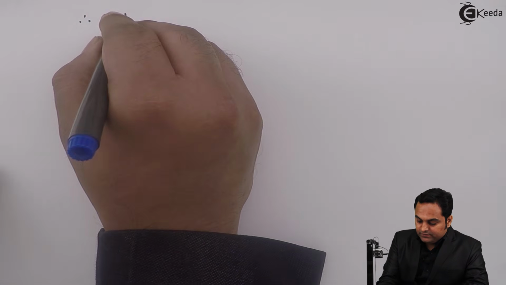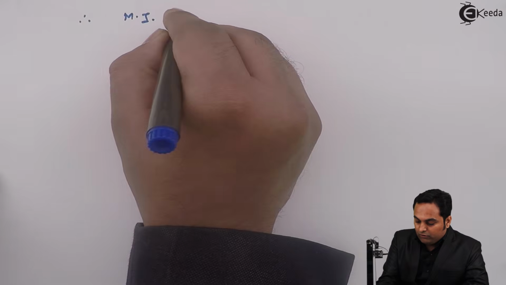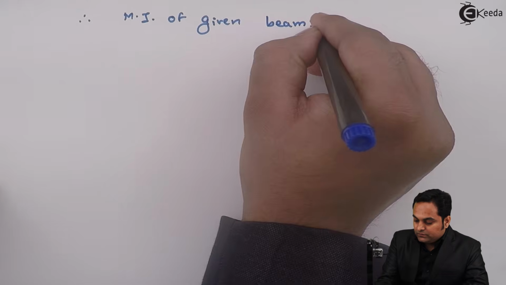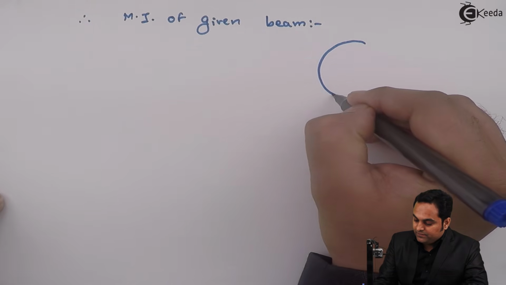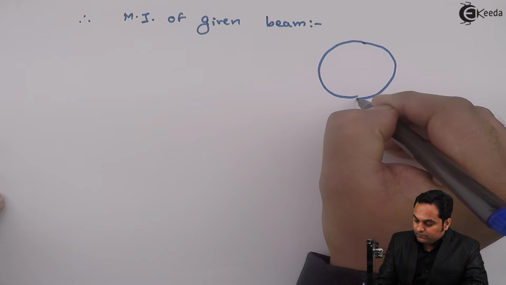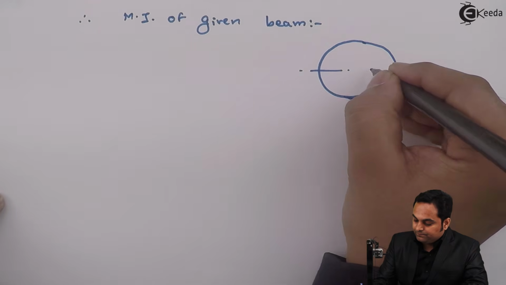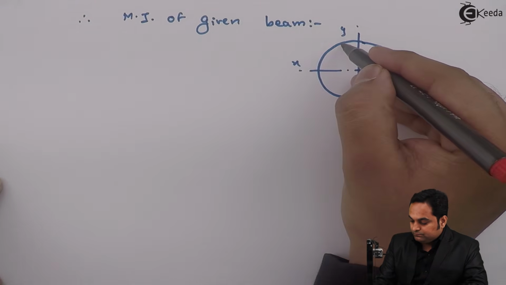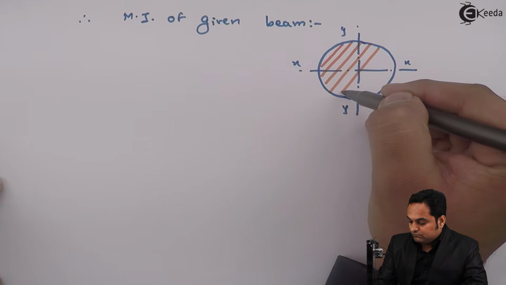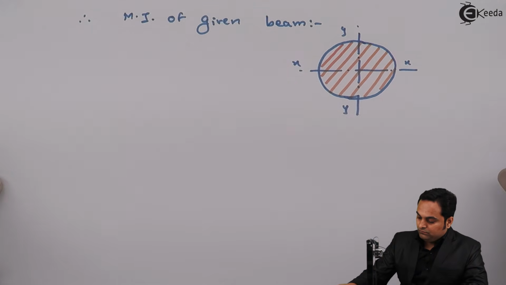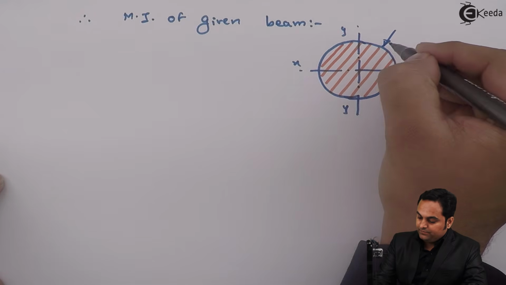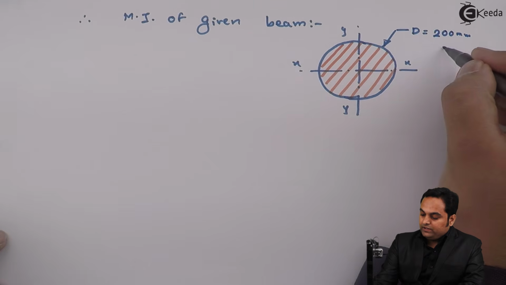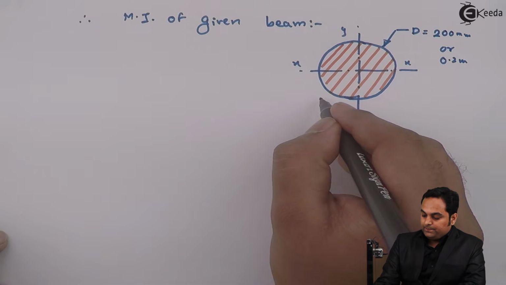Therefore the next step is moment of inertia of the given beam. Since the given beam is circular in cross section, its diameter is given, that is d is equal to 200 mm or I can say 0.2 meter.